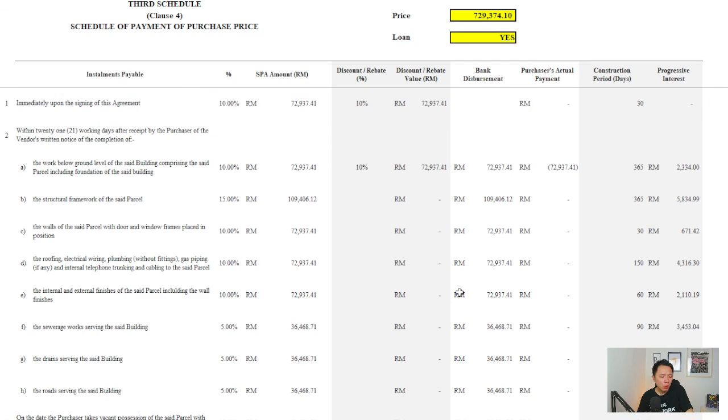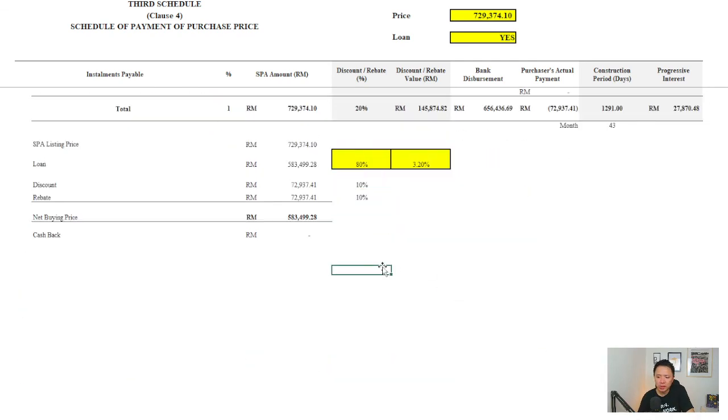Ultimately, the key to this is that you need to make sure that your loan is high enough. If this property is your third property, then you will be entitled to get 70% loan to value, LTV 70%.